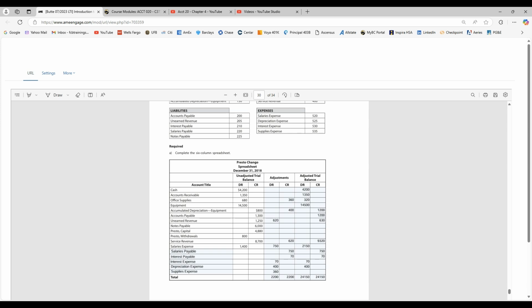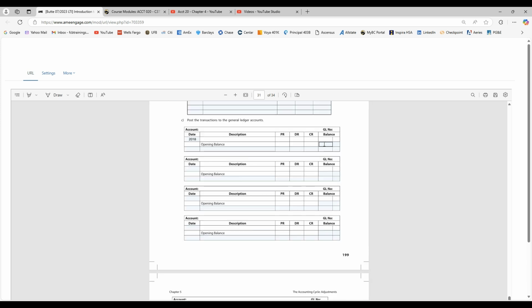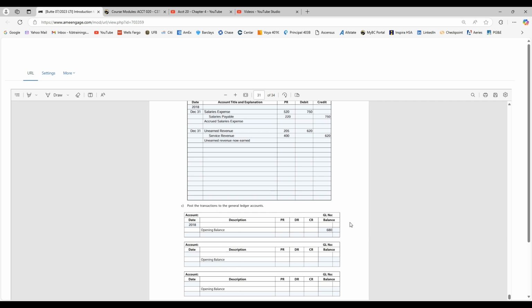What we want to do here is record the adjusting entries. So the opening balance, for example, for office supplies is going to be 680. It's a debit balance. And then we're booking the adjusting entry.